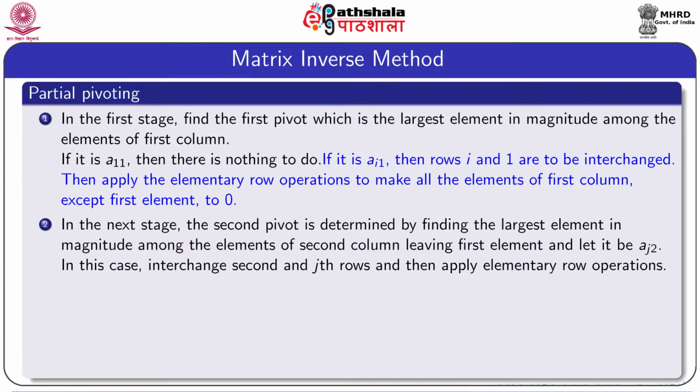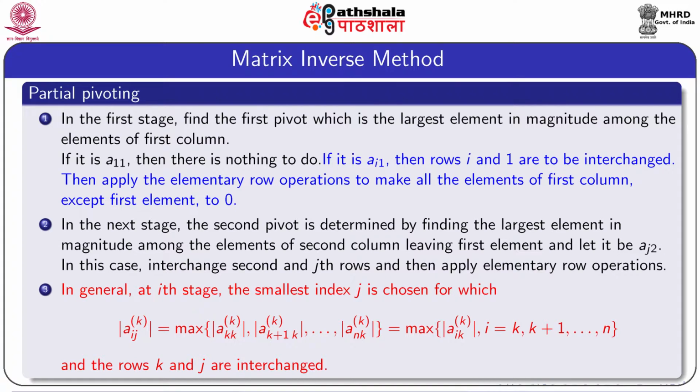In the second stage of the partial pivoting method, the second pivot element is determined by finding the largest element in magnitude among the elements of the second column, leaving the first element, and let it be a_j2. j may be 2 or any other value. In this case, we interchange the second and jth rows and then apply the elementary row operation to make zeros of all elements below the a_22 element.